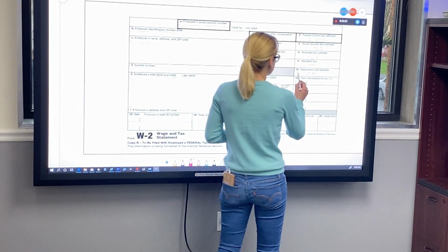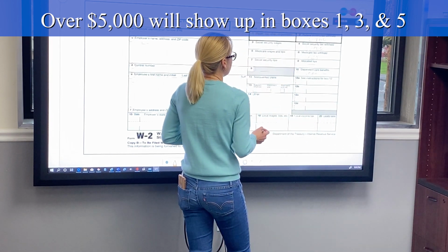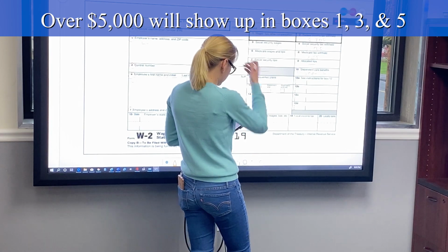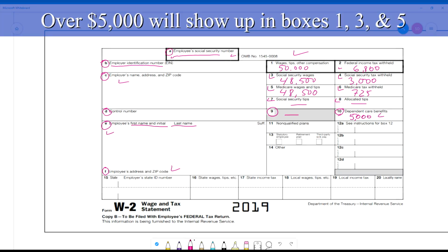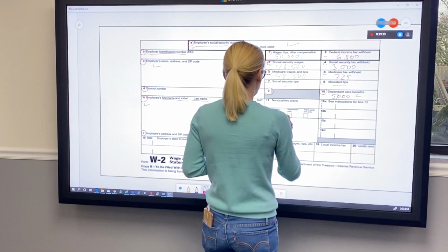If the amount in box number 10 exceeds $5,000, then the amount over $5,000 will be included in box number 1, box number 3, and box number 5. The important part is that if it's over $5,000, it will be reflected in these three.